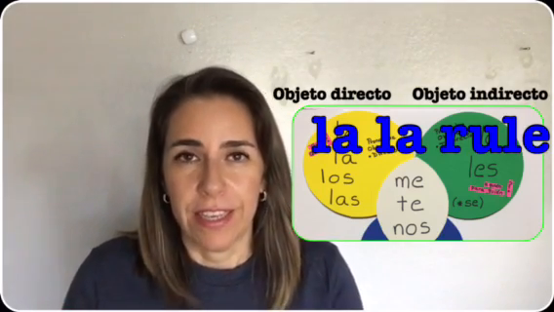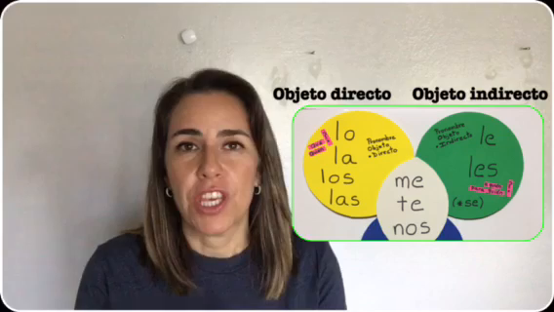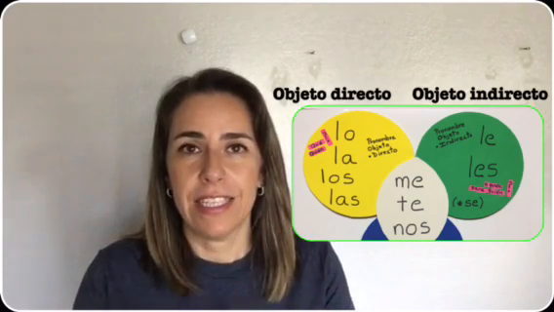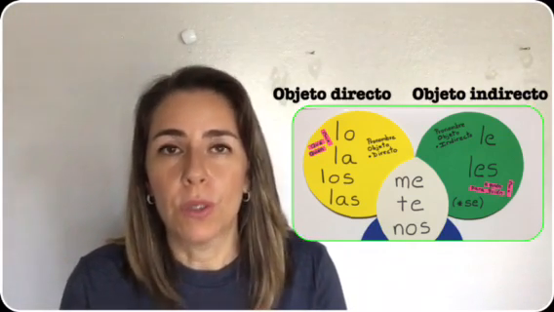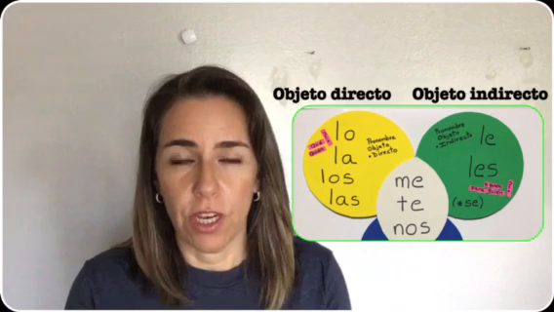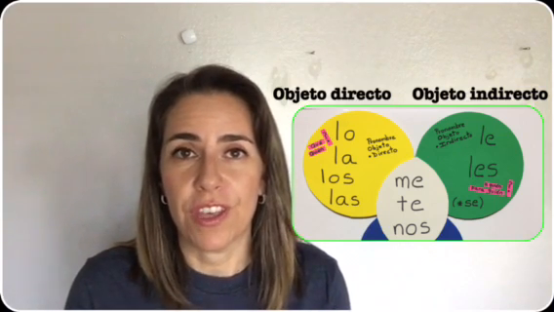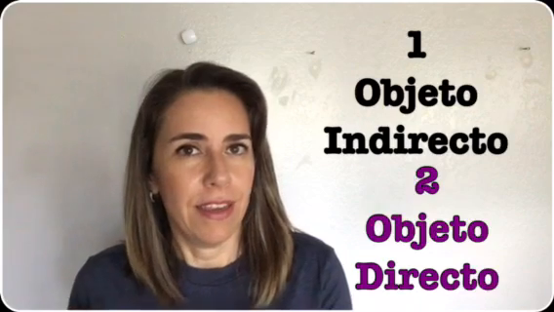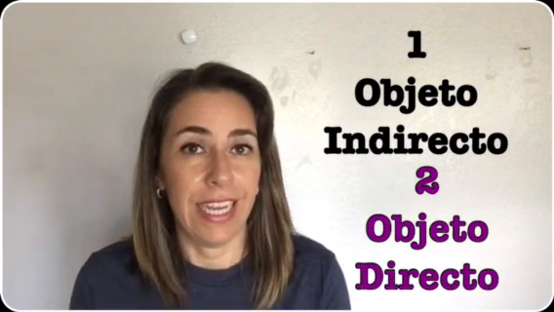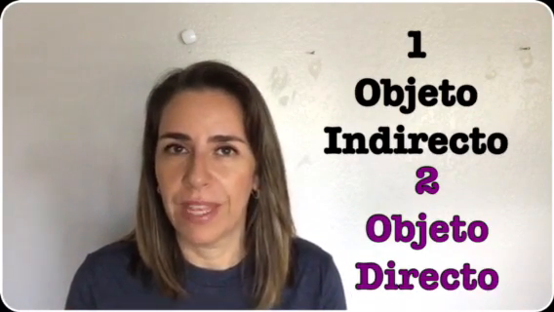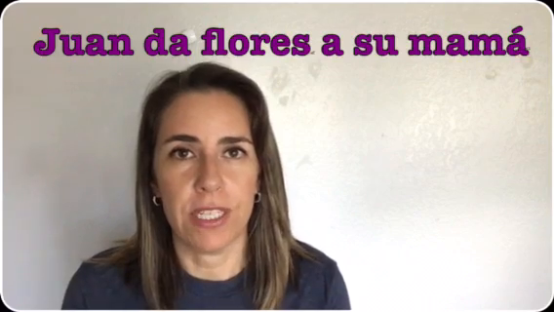That's when in the indirect object, we change le and les. In case we have lo, los, la, or las for the direct object, then we change to se for the indirect object. When we do this, we need to write first the indirect object and then the direct object. Let's see the first example. Juan da flores a su mamá.